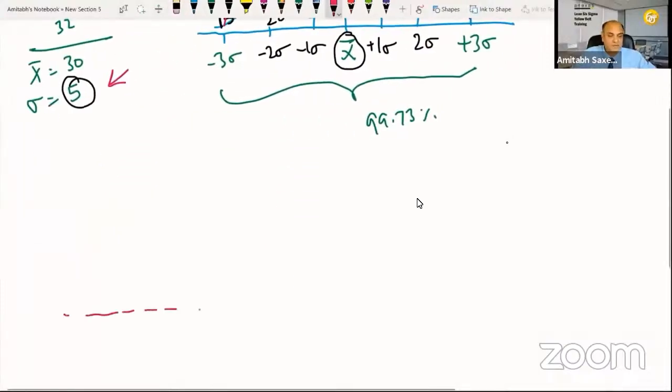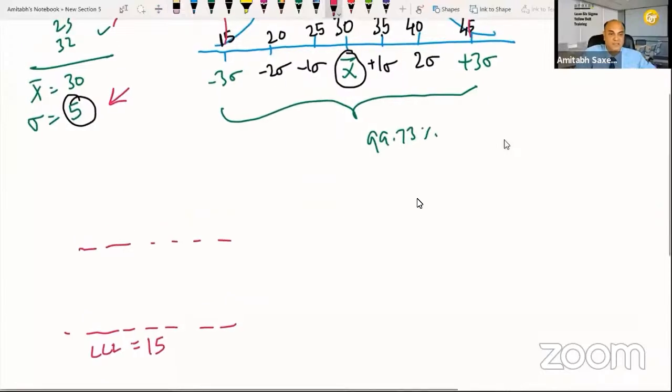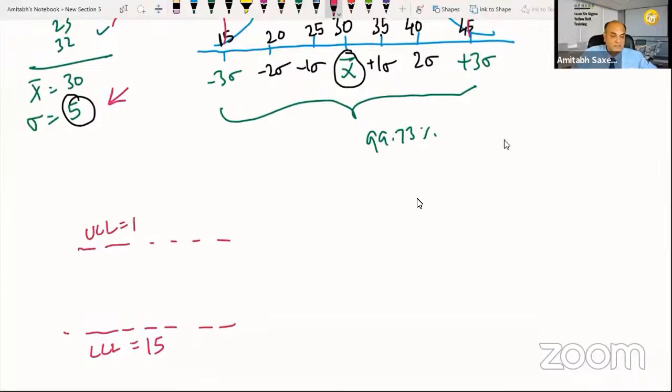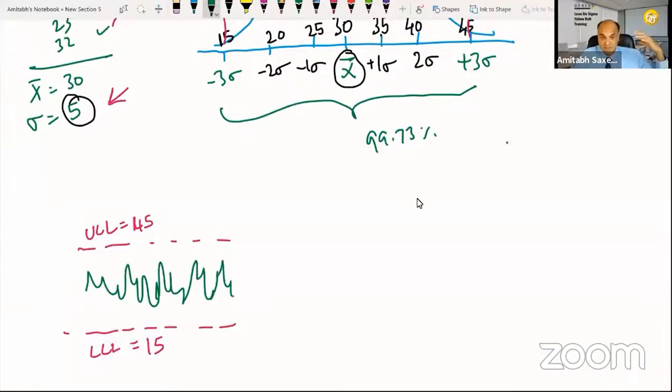Every process has got a control limit. So what is the control limit of my traveling time to my office? It is 15 minutes to 45 minutes. LCL and UCL. That means I'll be taking travel time between 15 to 45 minutes whenever I travel to my office. This is the way I behave.